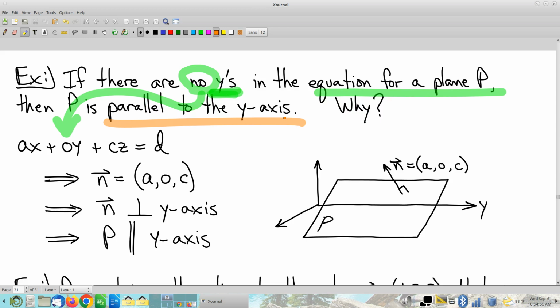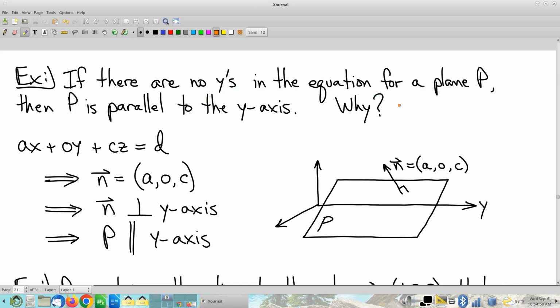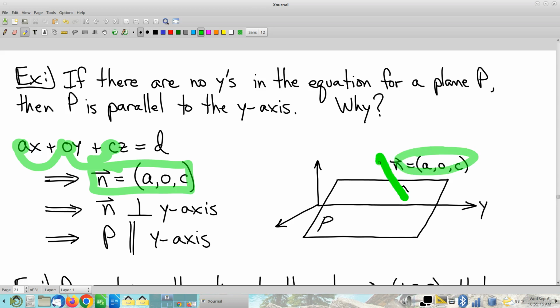So now why is this true? Pretty straightforward observation. Keep in mind we've already observed that these coefficients give you your normal vector. My normal vector then, something like this, coordinates A, 0, and C, and it's pretty easy to see that this is perpendicular to the y-axis, because after all, this vector, for example, that I've drawn here, parallel to the y-axis, 0, 1, 0, easy dot product.